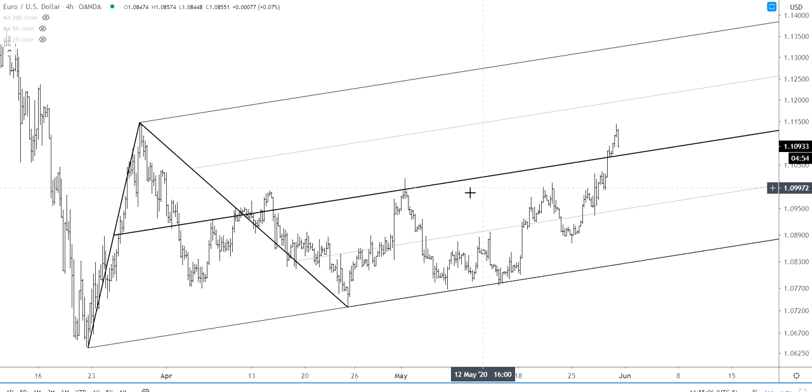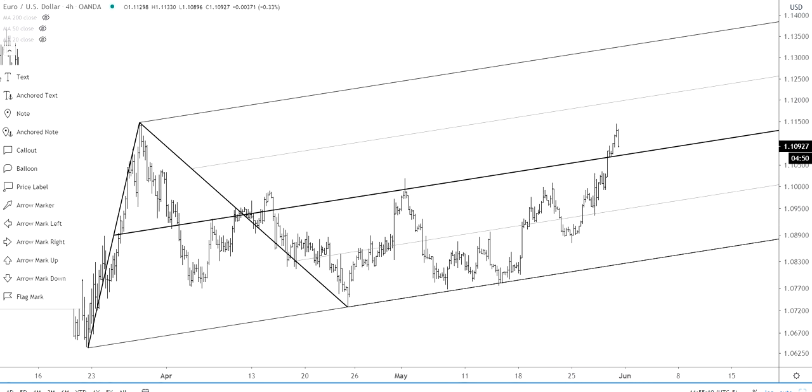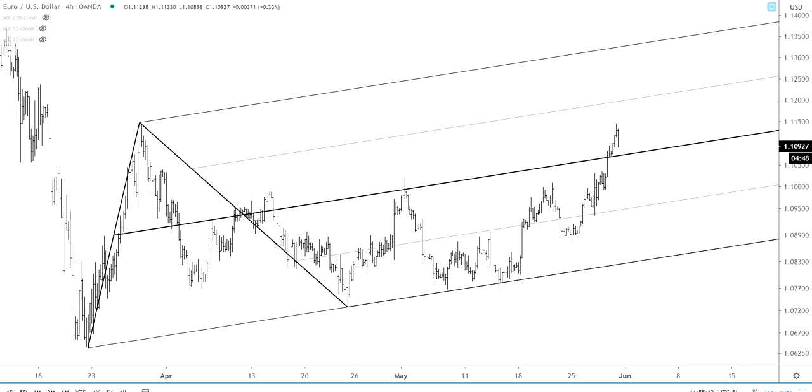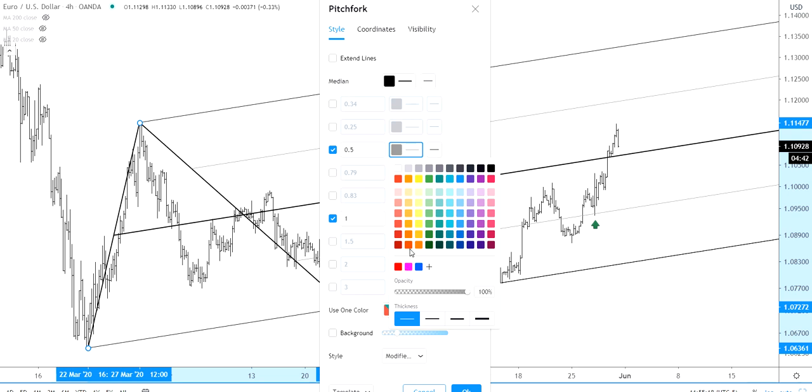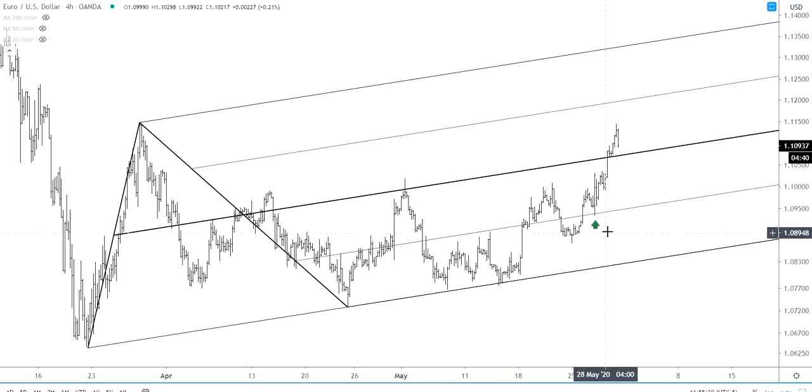Now, we actually didn't trade it until right here. Let me throw an arrow right there. I'm going to make it a little darker. So you can see that line right here. That's just the quarter line halfway between the median line and the lower parallel, and that's a level that I like to trade off of.